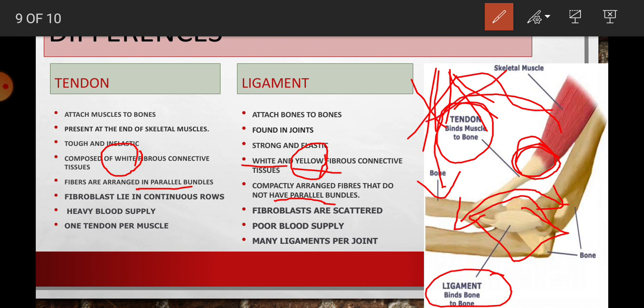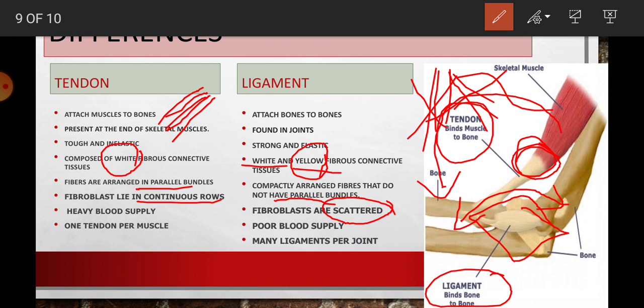In the tendon, they are arranged parallelly. And inside the tendon, fibroblasts lie in continuous rows, that is they are finely arranged, but in the ligament they are scattered, that is the cells are not distributed in an arranged manner.